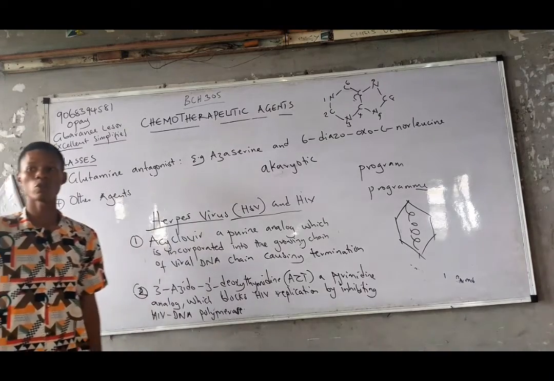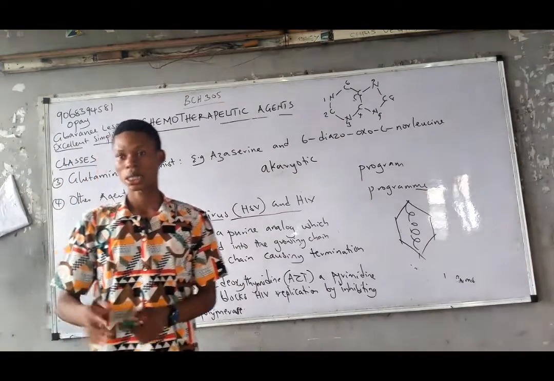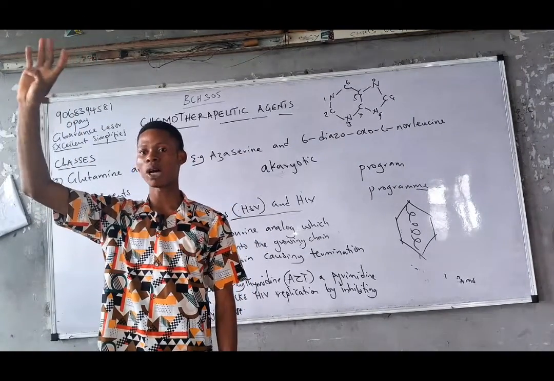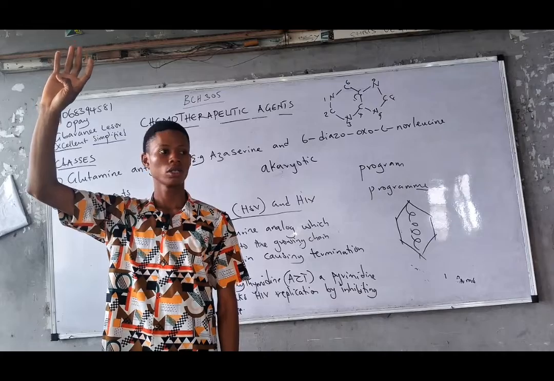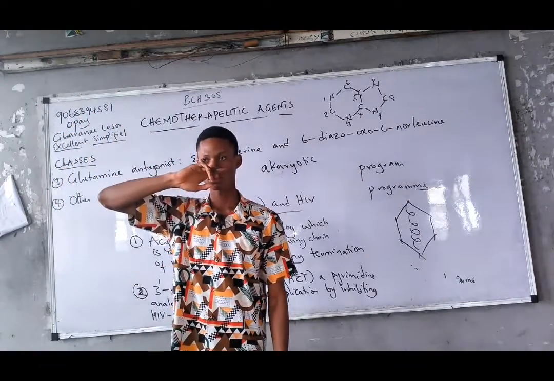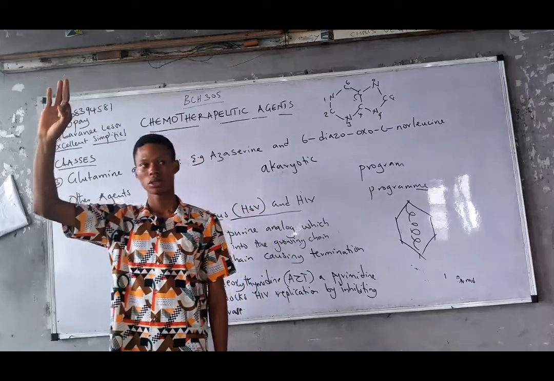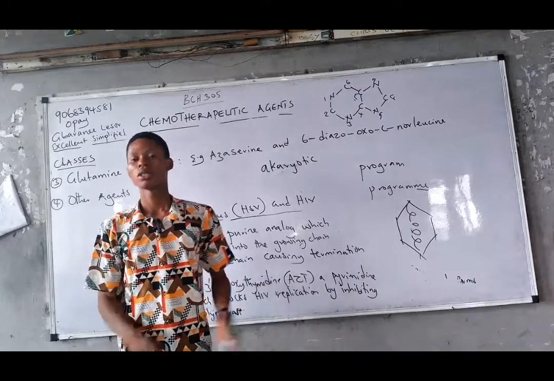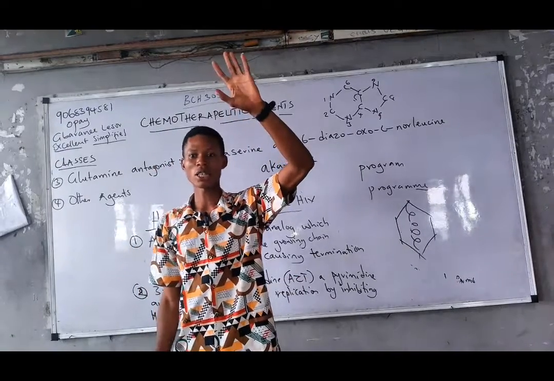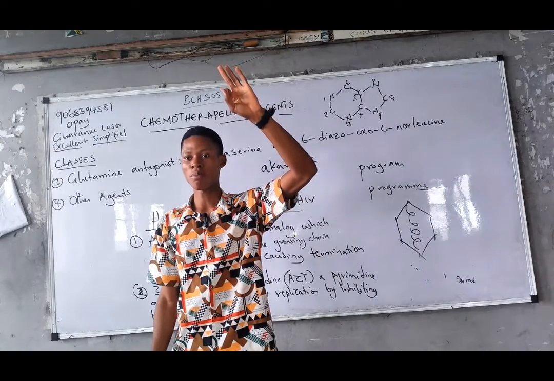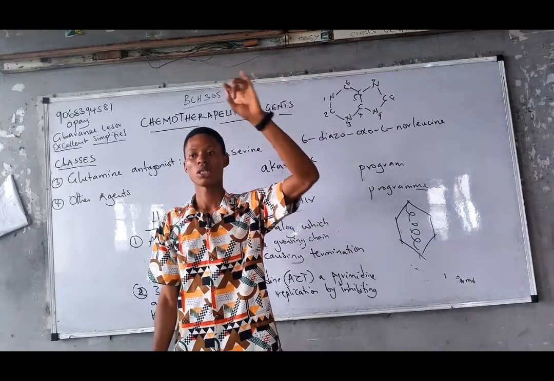If you forget everything we said today, don't forget that the classes of chemotherapeutic agents are: number 1, antimetabolites, for example allopurinol, acyclovir. Next one is what? Antifolates, like methotrexate.